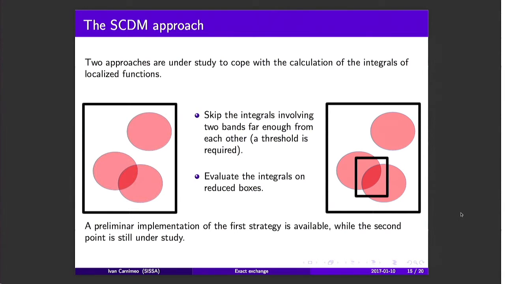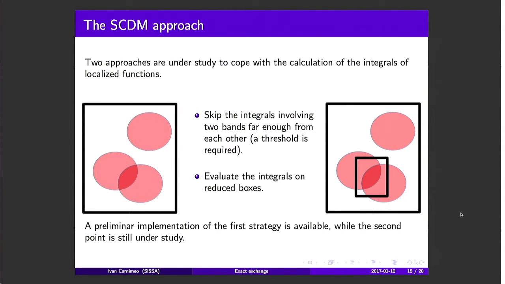So one possibility is that when the two bands are far enough, we can simply neglect that contribution in the exchange potential. Of course, this requires defining a threshold, and we are working on it in order to find a good and reproducible threshold, which we could discuss later if you are interested.